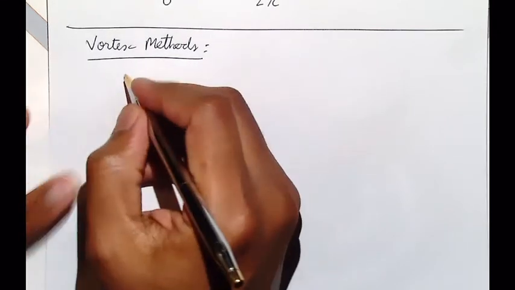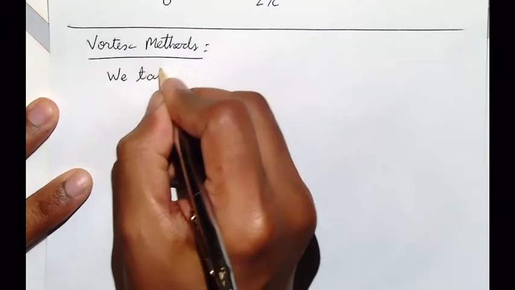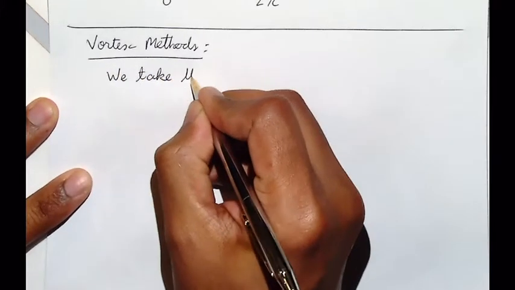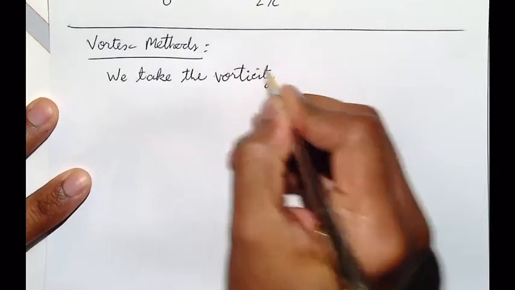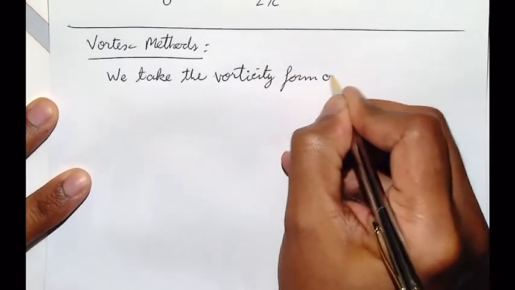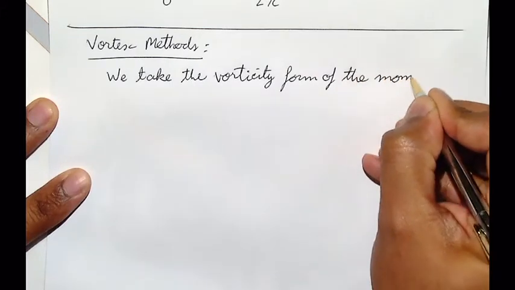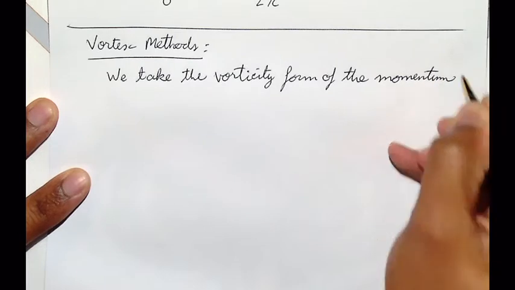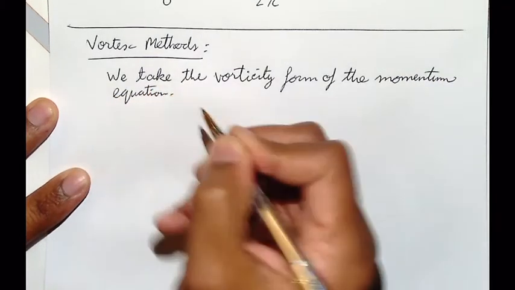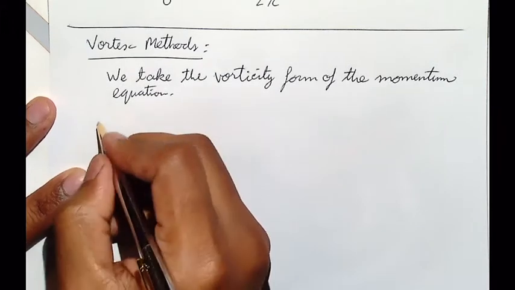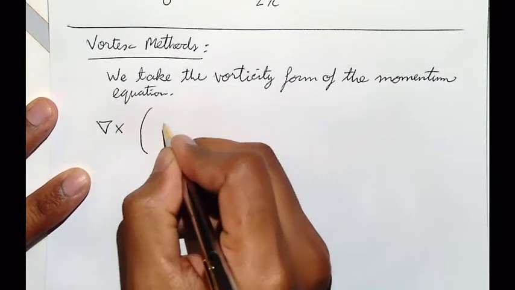What we do is we take the vorticity equation, the vorticity form of the momentum equation. For that we have to take the curl of the momentum equation.